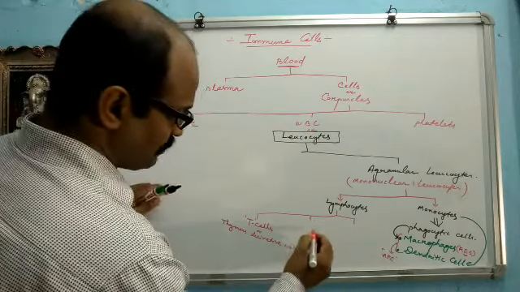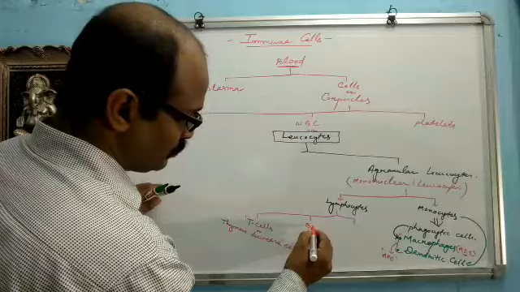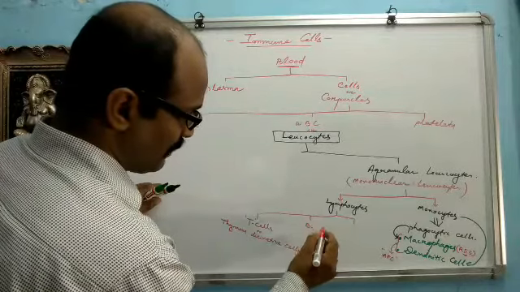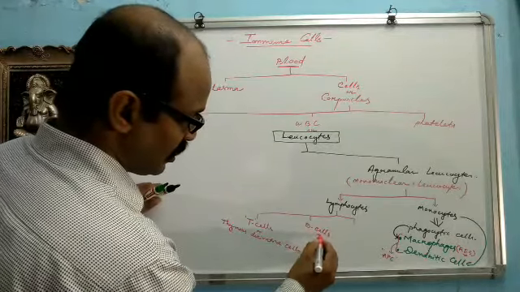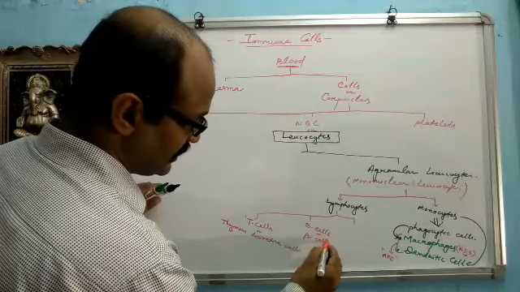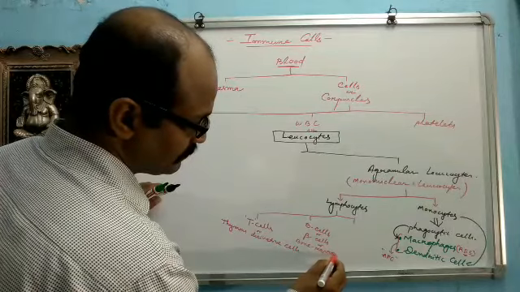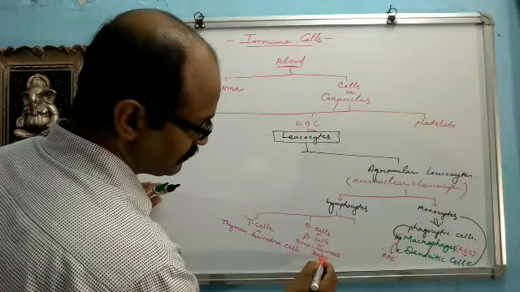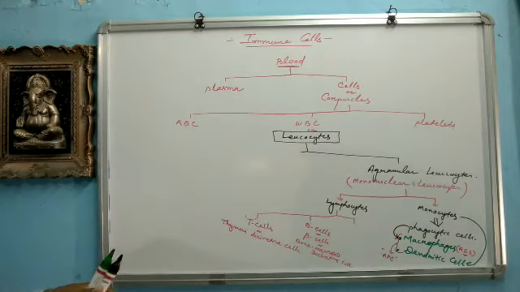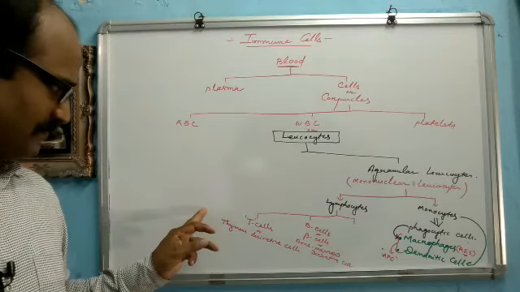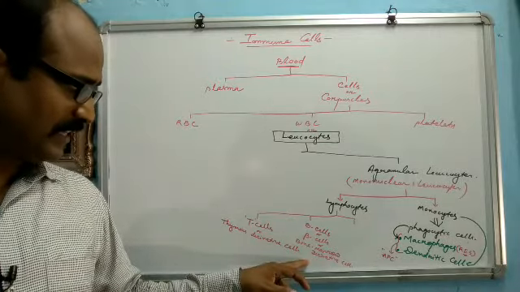The other group of cells develop and mature inside the bone marrow, and these cells are known as bone marrow derivative cells or B cells.